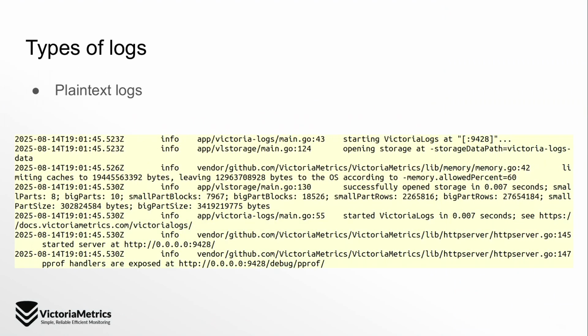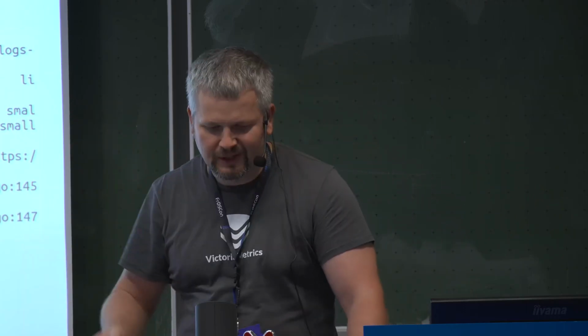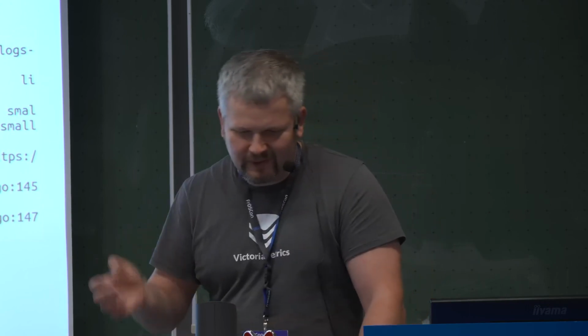These logs usually have custom structure or have no structure. In this case, they have some semi-structure, with the timestamp going first, then the log level, and then the location of this log source, and then some plain text string with some information.